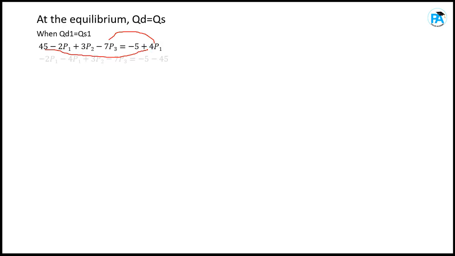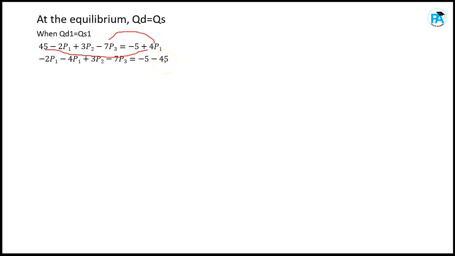When positive 4P1 crosses, it becomes minus 4P1, and you still have your negative 2P1, plus 3P2 minus 7P3. You have your negative 5 there already, so when you bring the positive 45 here, it becomes minus 45.